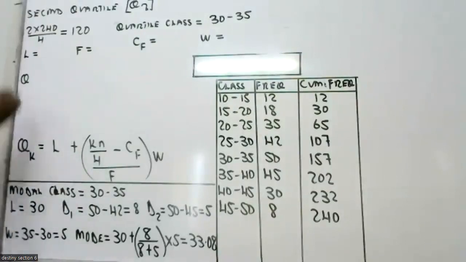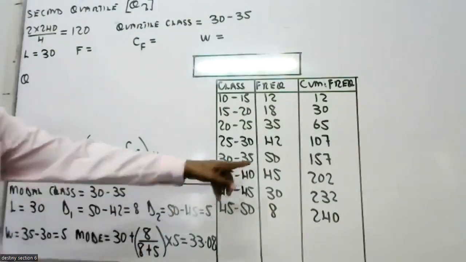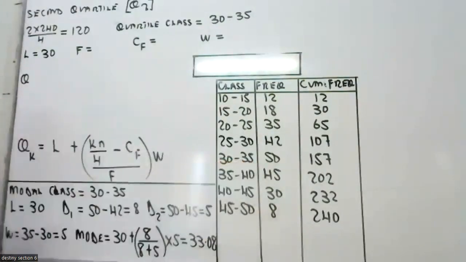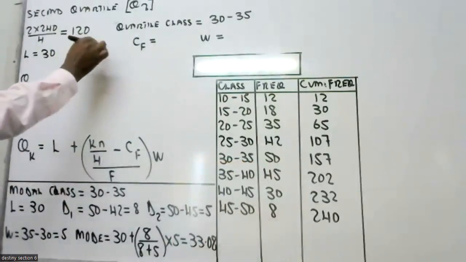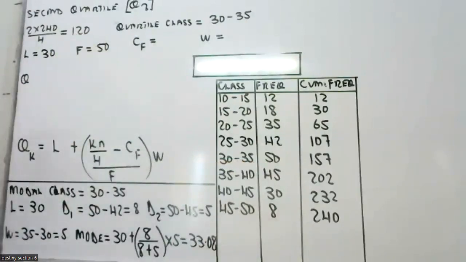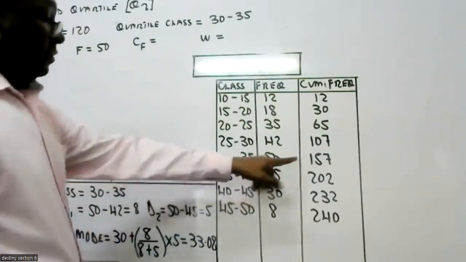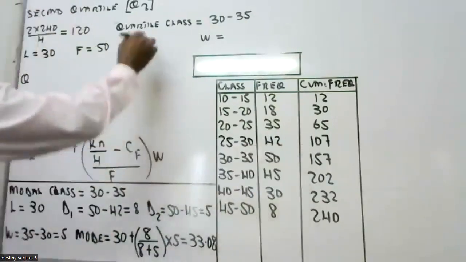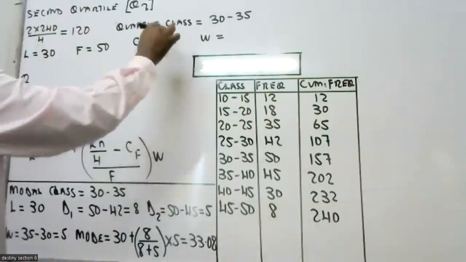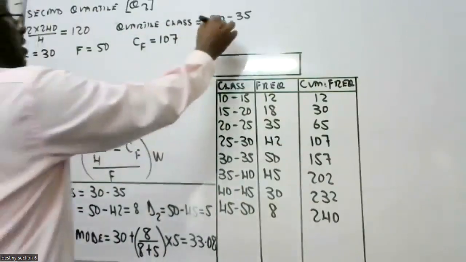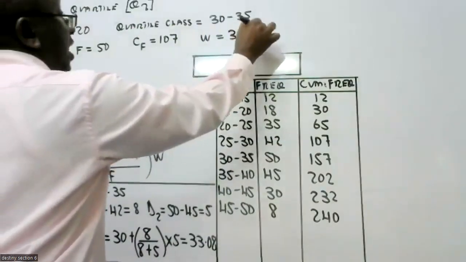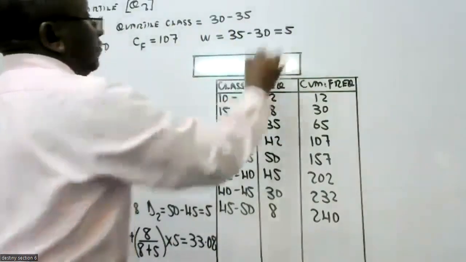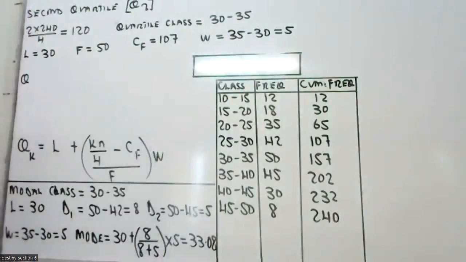The lower limit is therefore 30. And the frequency of that class is this one, 50. The cumulative frequency above, this one, 107. And the width is 35 minus 30, which is 5.